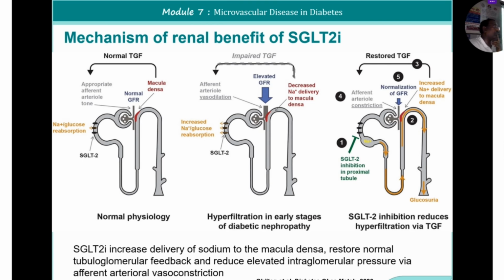So what will happen to the filtered glucose? That will be passed into the urine. So that is causing therapeutic glucosuria. So in those people on an SGLT inhibitor, if you check the urine sugar, it will be 4+, because you are making therapeutic glucosuria.